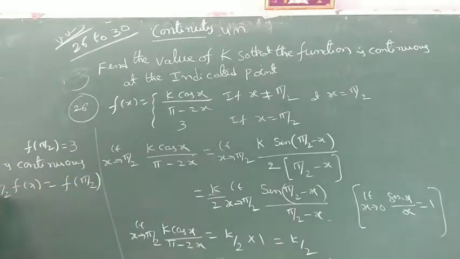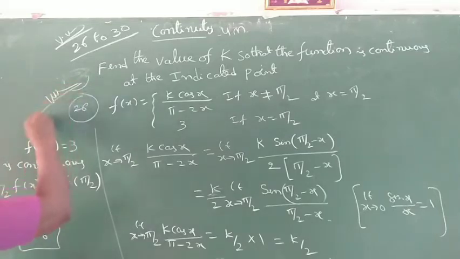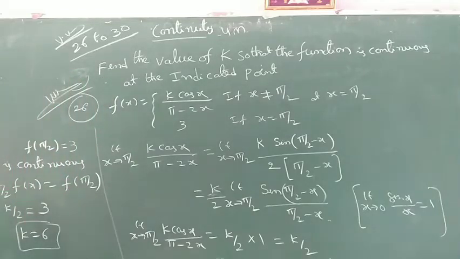Limit x tends to pi by 2 of f of x has value k by 2. K by 2 is equal to f of pi by 2, value 3. K is equal to what? 6. This is a very important problem. See that.